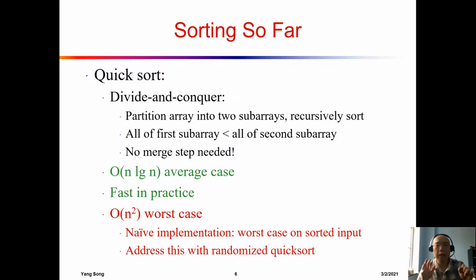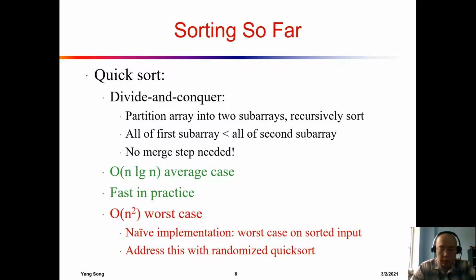After that, the pivot will stay at the same place, and then we want to recursively sort the lower half and the upper half. For the average case, that is O(n log n), and it's fast in practice because the base number here is usually a very small number.